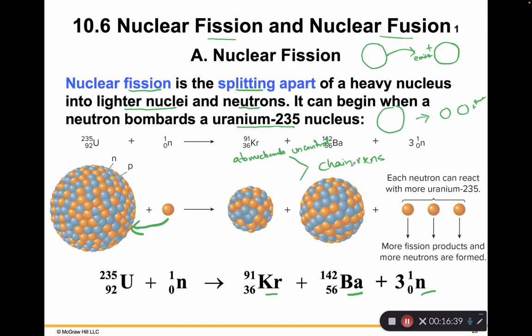When these chain reactions are done in a very controlled way in nuclear plants, we can harvest the very high amount of energy that comes out of this reaction. The energy is not shown in the reaction, but a tremendous amount of energy comes out as a result of this reaction, and the reaction takes place in a chain over and over.